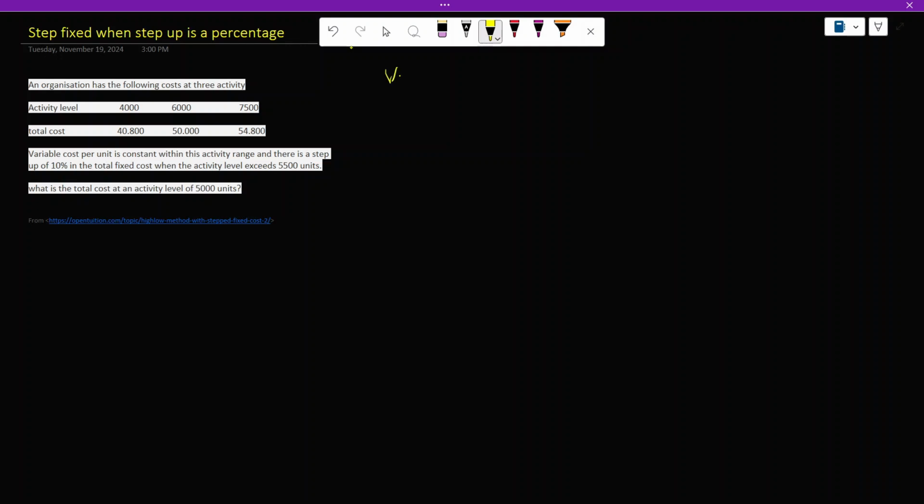The variable cost per unit is equal to 54,800, that is the cost associated with the highest level, minus 50,000, all divided by 7,500 minus 6,000.